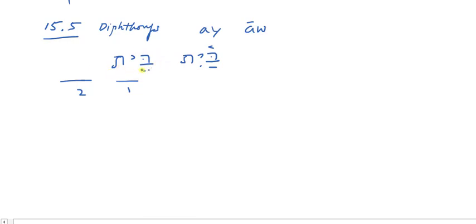So when nouns that have diphthongs lose their stress, this is when contraction happens and the diphthongs contract. Bayit became Beit. And then if you remember Mavith, which was the word for death, there's my AW diphthong here. Mavith becomes Mot. It becomes Holam Vav.